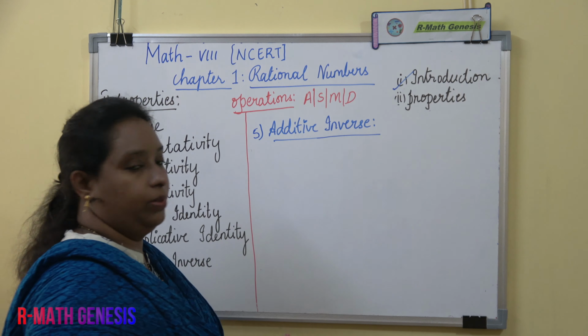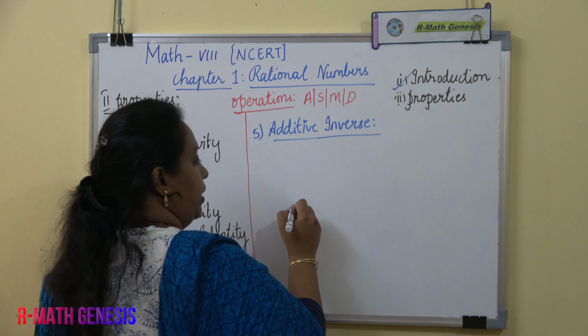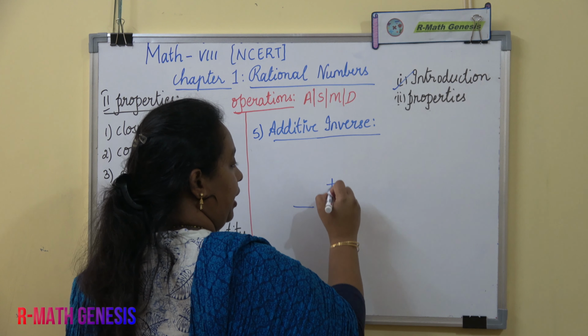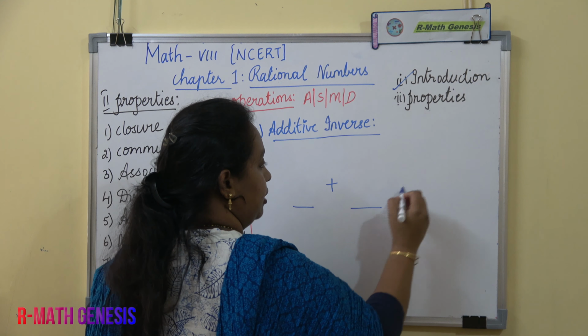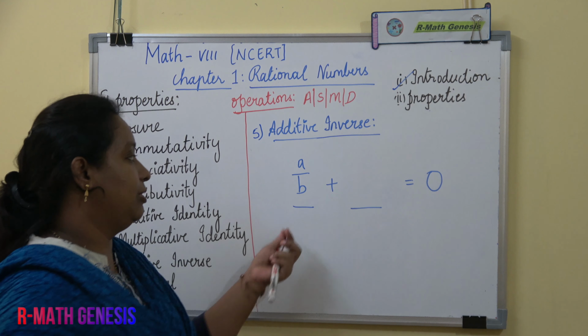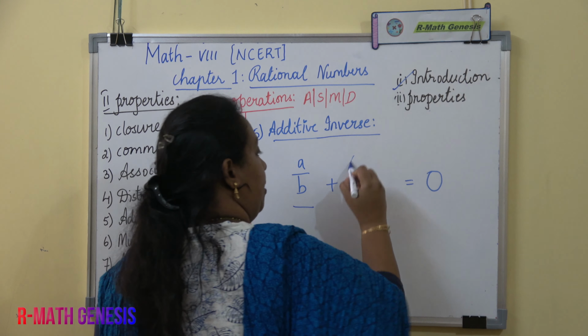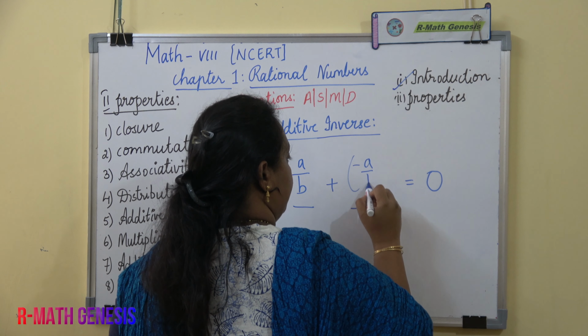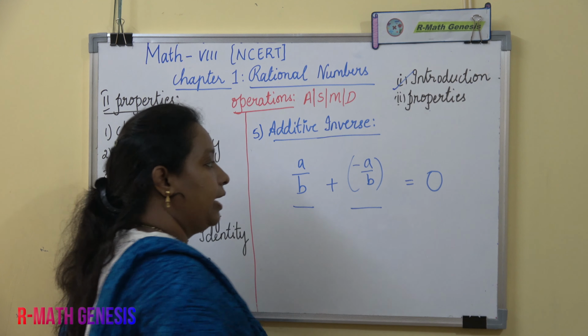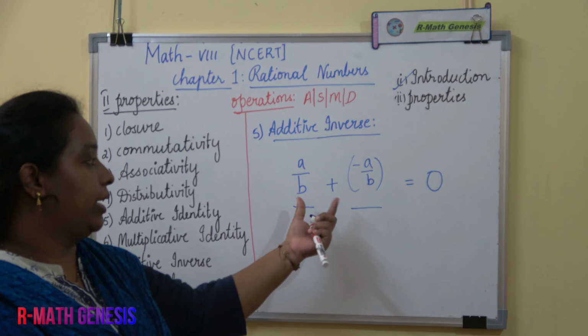When there is one rational number, if you add another rational number to it, you get the answer 0. Suppose I take one rational number as a by b. What will be the additive inverse of a by b? Minus a by b, where we get the answer 0 when we add them together.